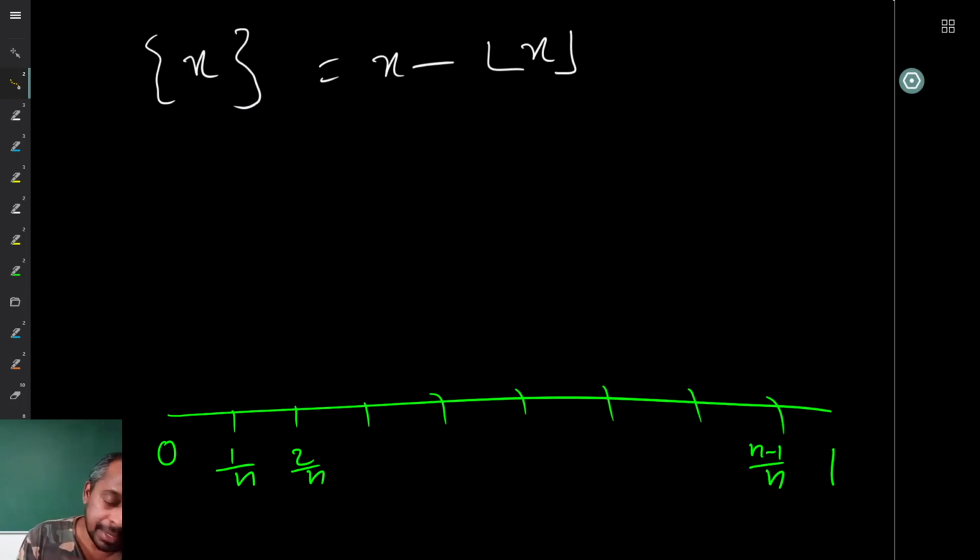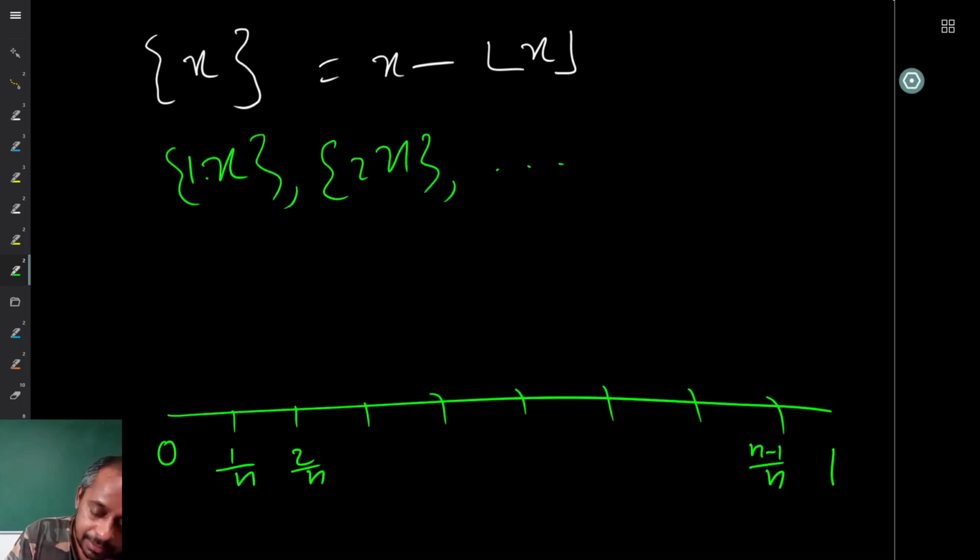For that, we are going to generate the numbers by using the fact that irrational numbers, even if you multiply with an integer, are still going to be irrational. So what I am going to do is take our irrational number x and multiply it with numbers, let's say 1 into x, then 2 into x, then 3 into x, etc., up to n plus 1 into x.